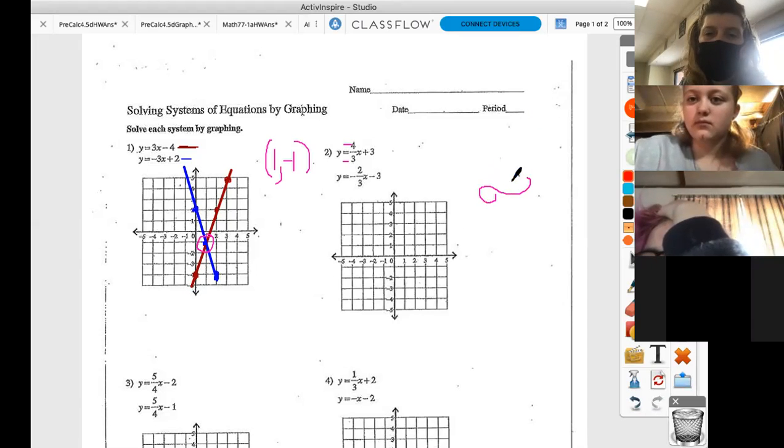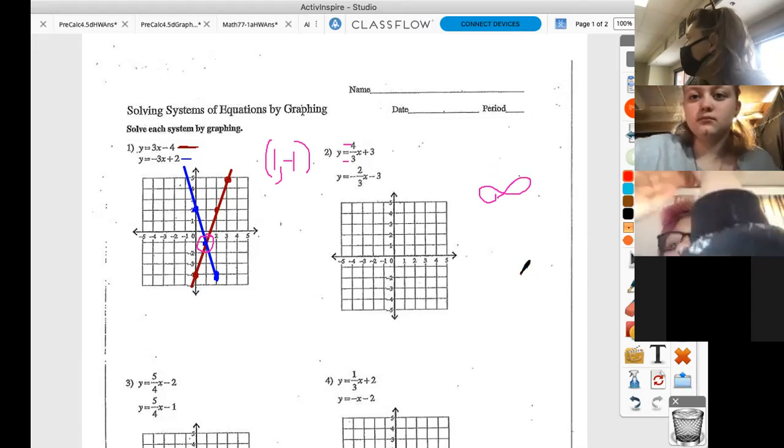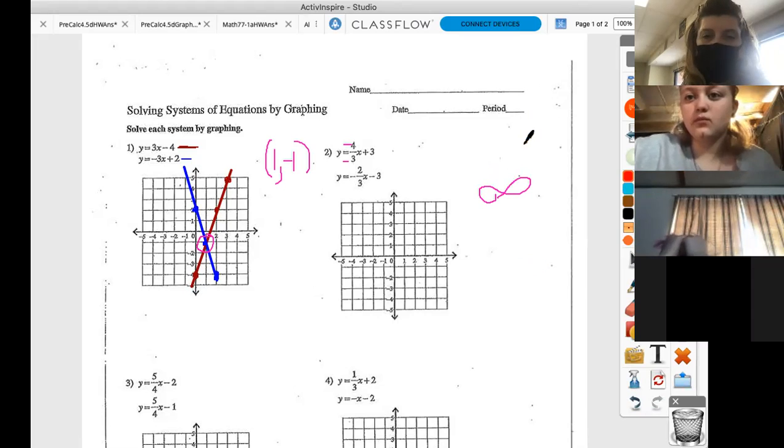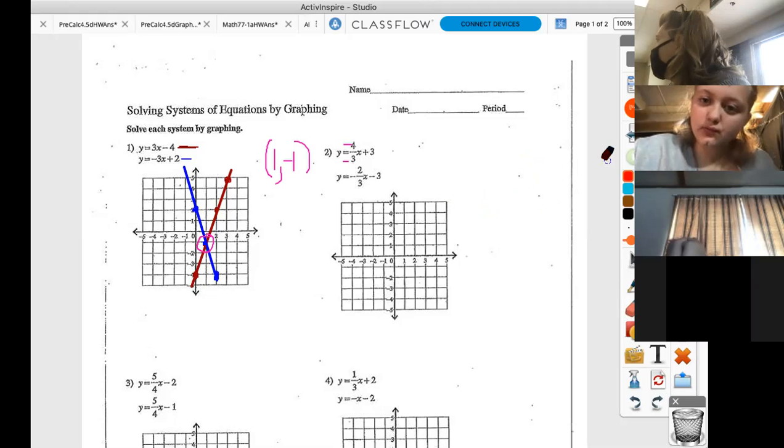And if you don't want to write the word infinite out because your wrist hurts from writing so much, you can use the sideways 8 for infinite. Okay. Do you guys have any questions for me? This is our jumping into chapter 6. It's not too bad, is it?